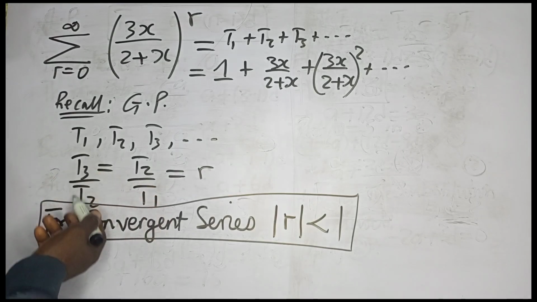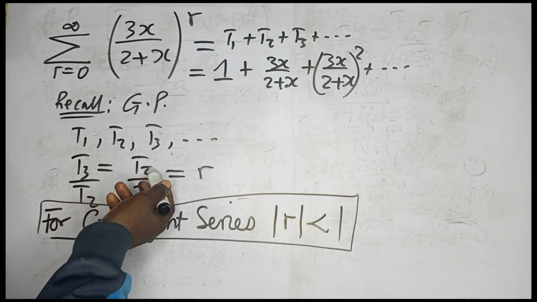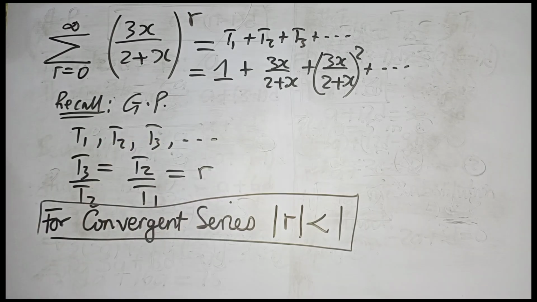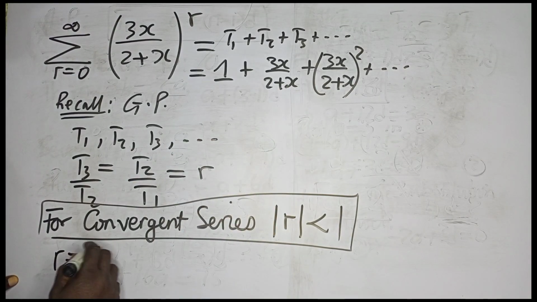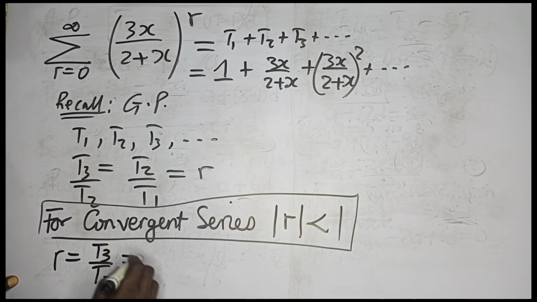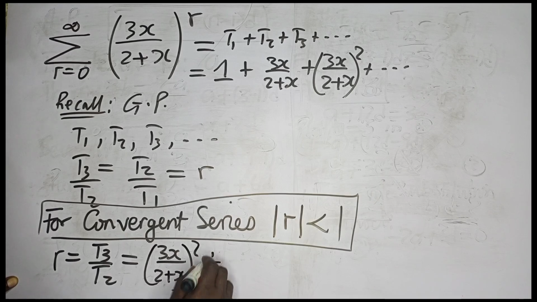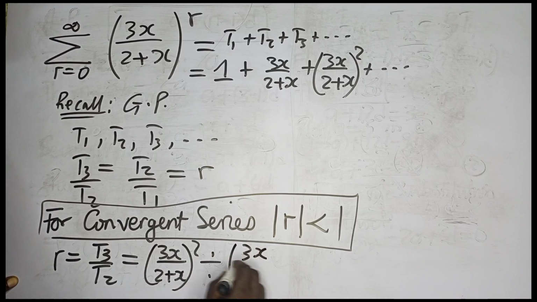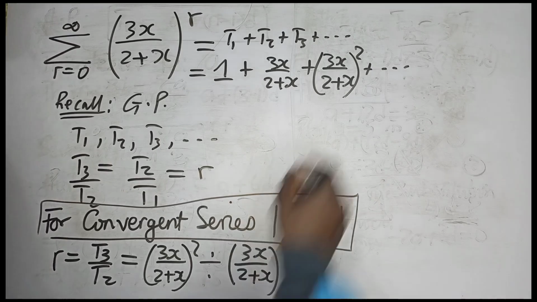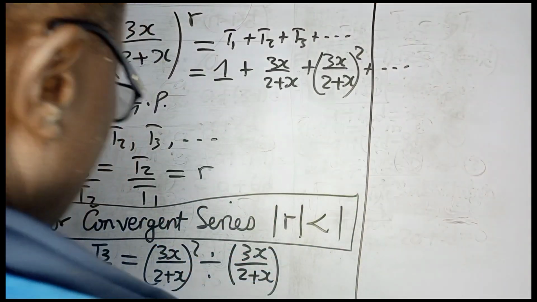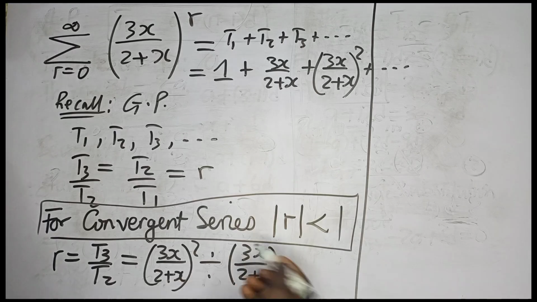We either take the third term divided by the second term, or the second term divided by the first term. It's going to give us the common ratio. For example, taking the third term divided by the second term, r is T3 over T2. We have (3x over 2 plus x) all squared, divided by 3x over 2 plus x. This is a fractional expression divided by another fractional expression.